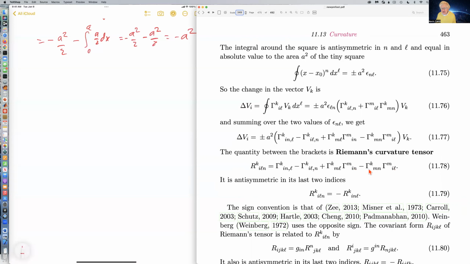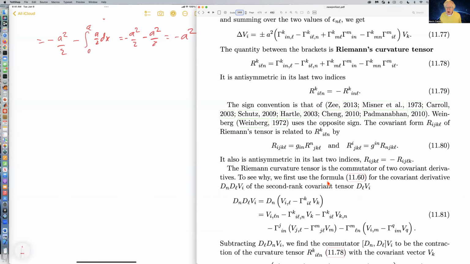It's explicitly anti-symmetric in the last two indices because those last two indices came from epsilon NL, which, as we just saw explicitly, if you do the x dy integral, that's minus the y dx integral. And so that's what that is.